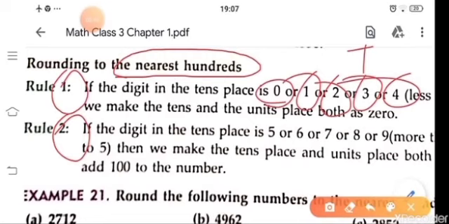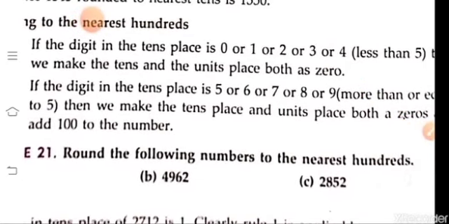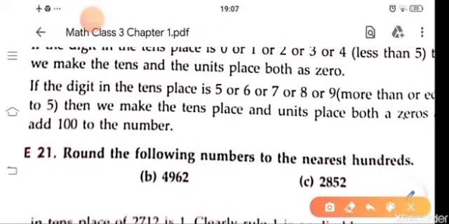And rule number 2: if the digit at the tens place is 5, 6, 7, 8 or 9, then we write 0 at the tens and units places, and we add 100 to the number.